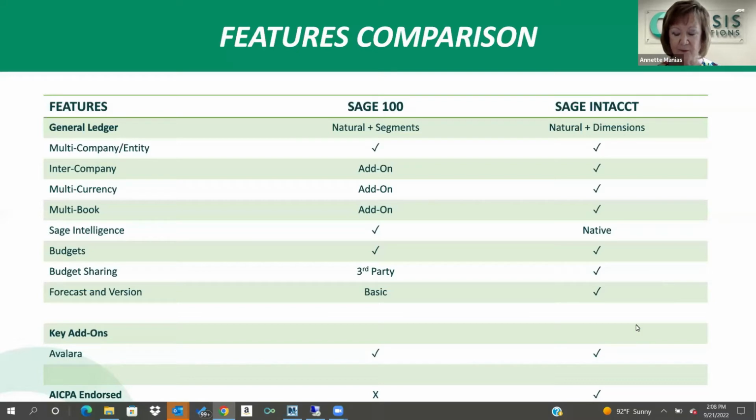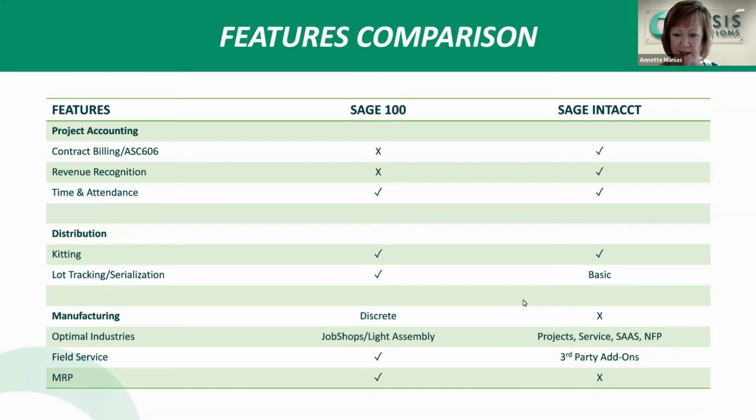Sage Intacct, before Sage purchased Intacct, was always endorsed by the Association of CPAs, and always been that good solid GL product. And then Sage, of course, purchased it several years ago and really made some enhancements to it. So they've been moving along with that product.